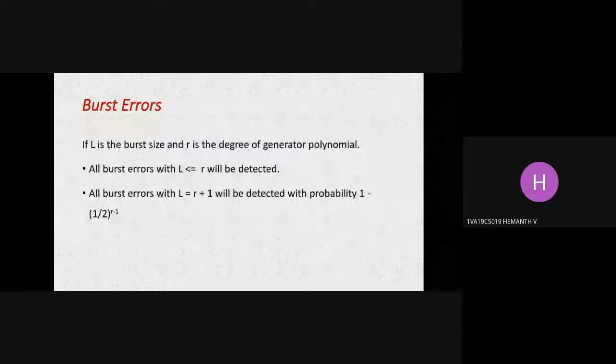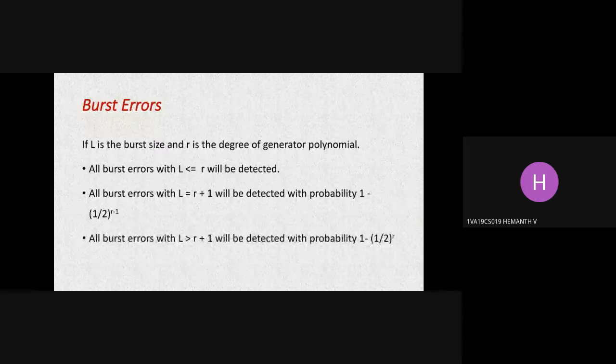You have to remember these statements, then you can find the solution for the given problem. The last one, all burst errors with L greater than R plus 1 will be detected with the probability 1 minus 1 divided by 2 whole power of R. So these three things you have to remember to find burst errors.